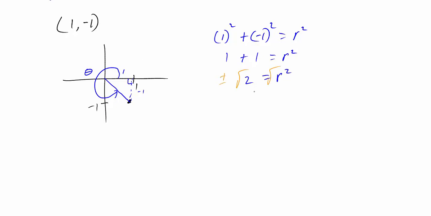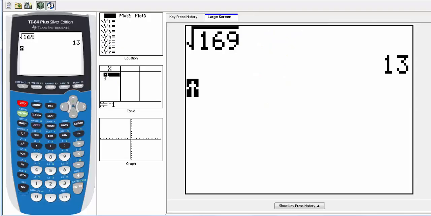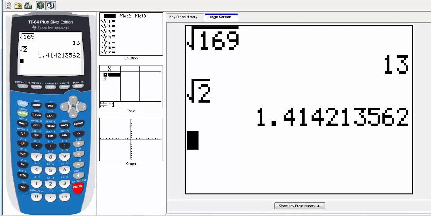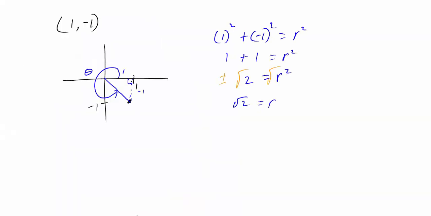And again, r has to be positive, so that tells us that r is equal to the square root of 2. Now, of course, we know that if you went to the calculator and tried to take the square root of 2, we're going to end up with a decimal. So we don't want to round this because, remember, we're looking for the exact answer. So we're going to leave this as the square root of 2. So here we have x, y, and over here we have our r value.